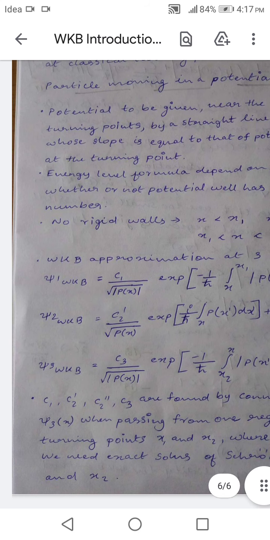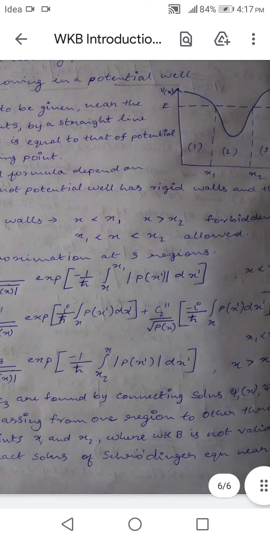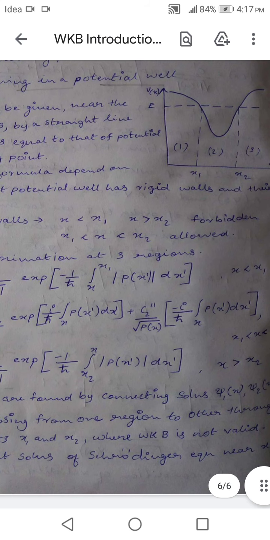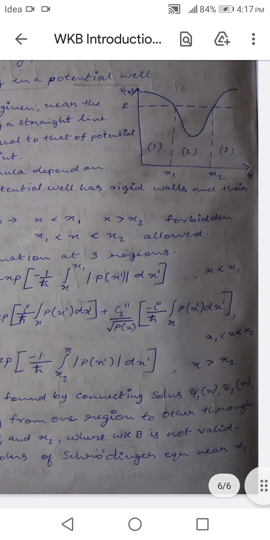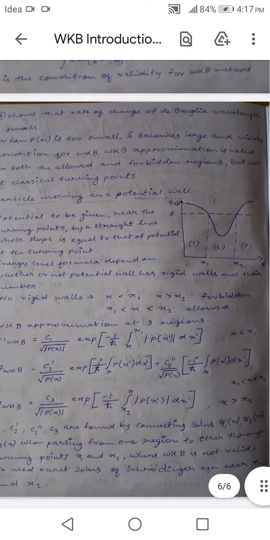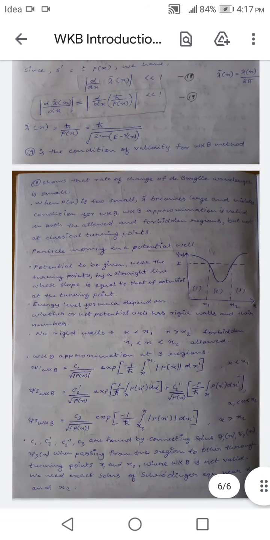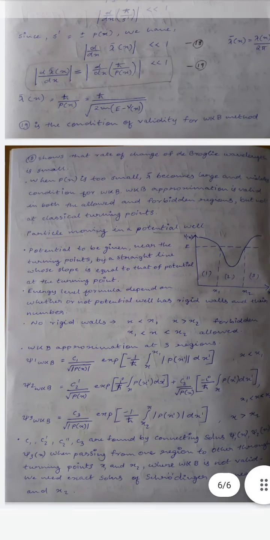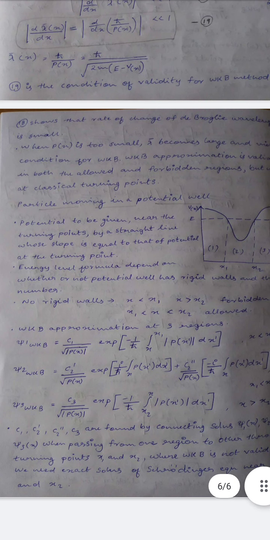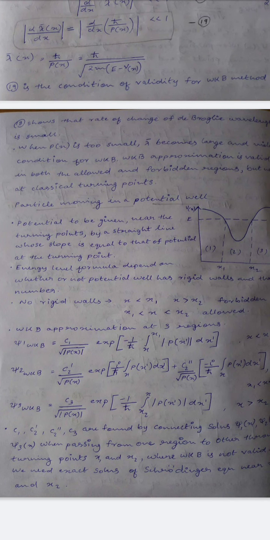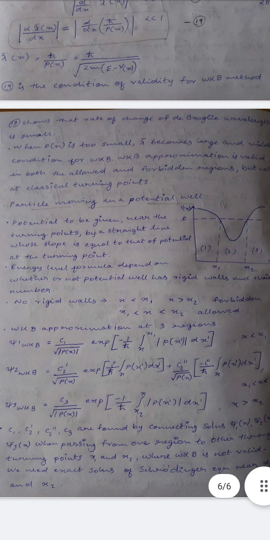Psi 3 of WKB equals C3 by root of mod p of x, exponential minus 1 by h cut integral from x2 to x of mod p of x prime dx prime, in the region x greater than x2. Here C1, C2 dash, C2 double dash and C3 are coefficients.